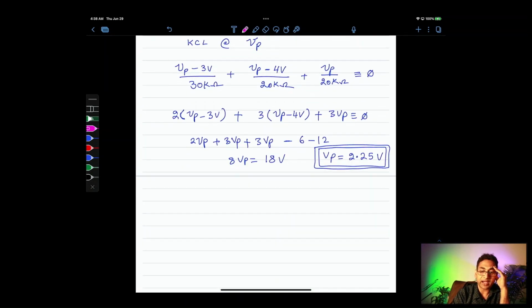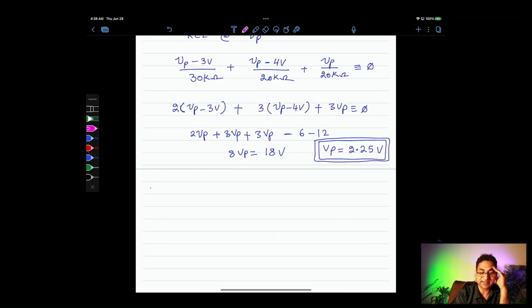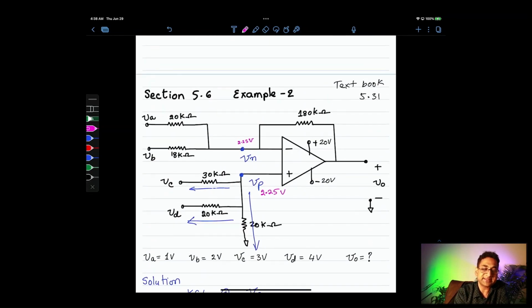So now let's write KCL, step number 2, at node Vn. Once we want to write KCL at node Vn, we look at how many currents? 1, 2, 3, 4.